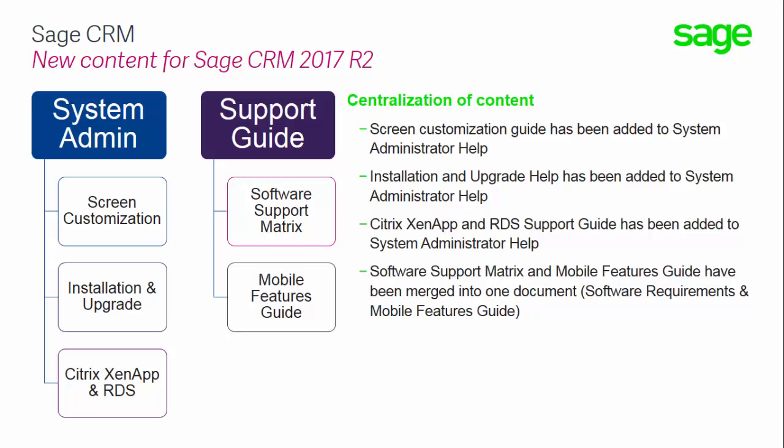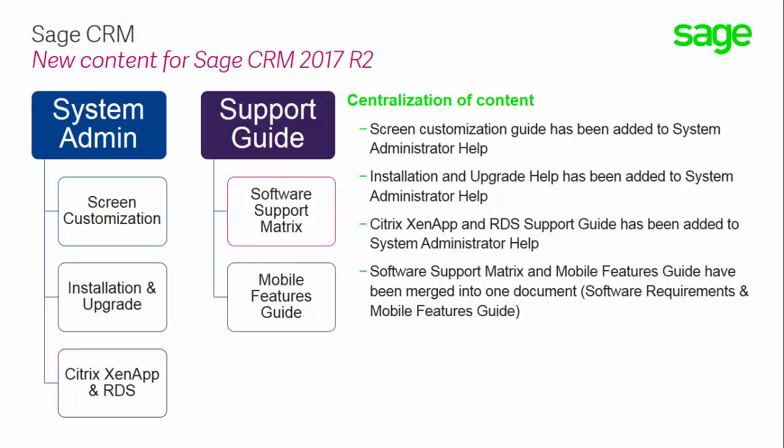There's also been some important changes for documentation and in the Help Center for Sage CRM 2017 R2. What you'll see is that much of the information has been centralized. We're trying to avoid the duplication and maintenance of multiple points of data about the system. So you can see that the system customization guide has been added into the system admin help.